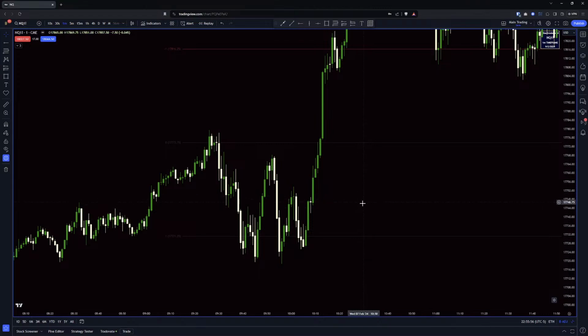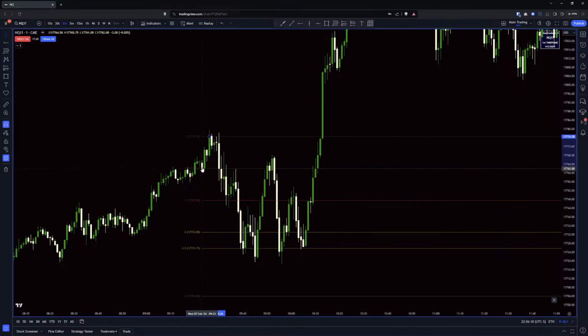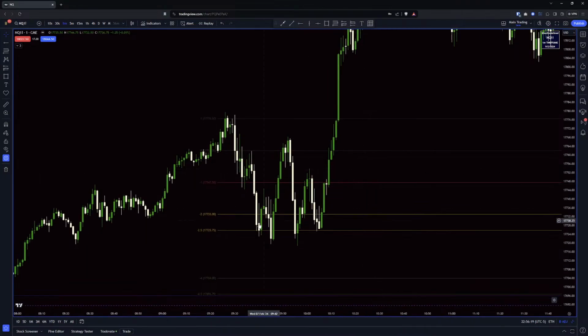I mean, I like the projection, and maybe what you could do is, if you're feeling confident with the projection, you could get in. Yeah, that's it. Look at that. Lowest close. You drop down the 1 minute. This is fractal, right? So -2, -2.5. We're done with the move, right?